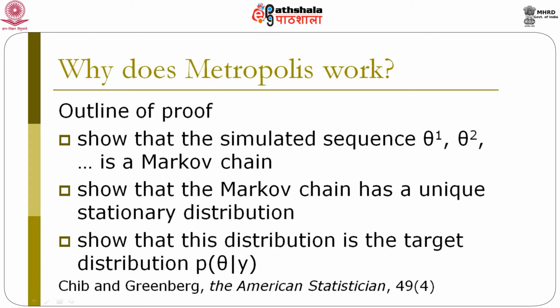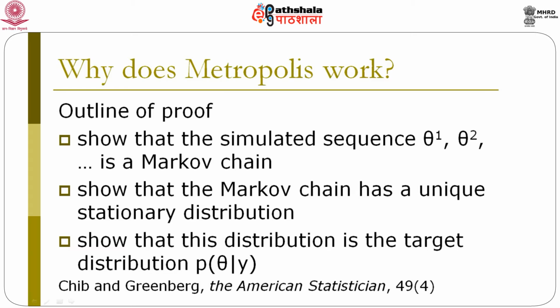Now, why does Metropolis work? Keep in mind that you have chosen the Markov chain so that it leads to the posterior density. The sketch of the proof is like this. I am not going to give you the proof, but you need to show, first of all, that the simulated sequence theta 1, theta 2, and so on follows a Markov chain.